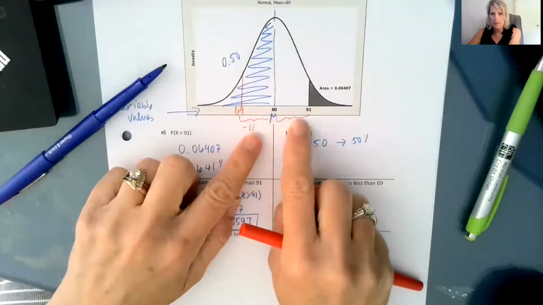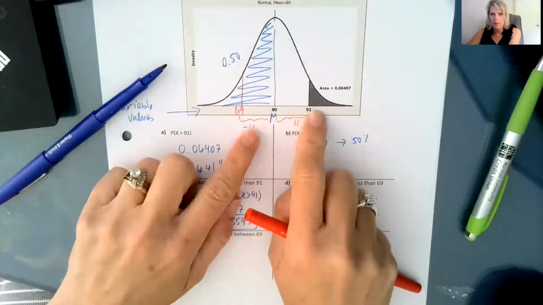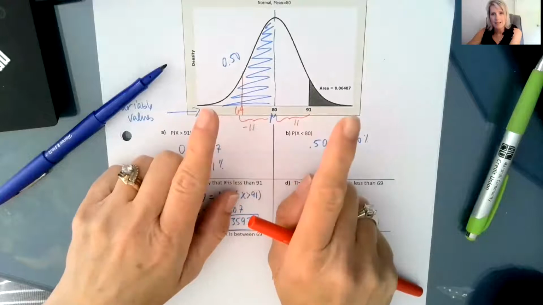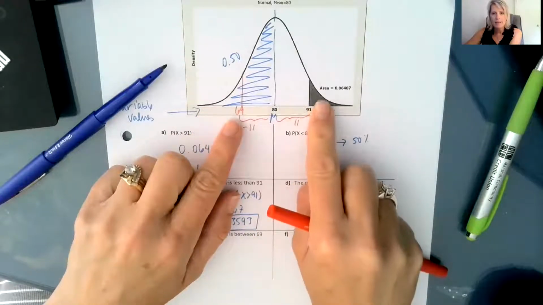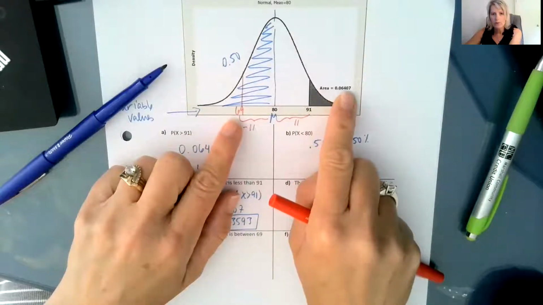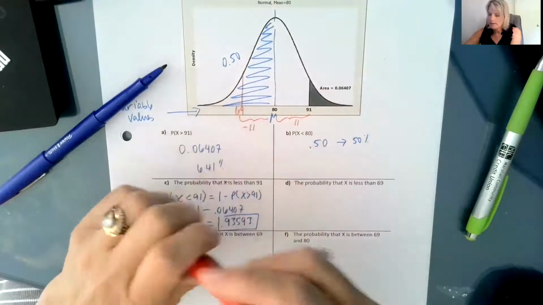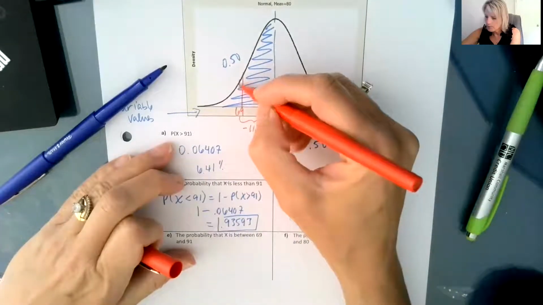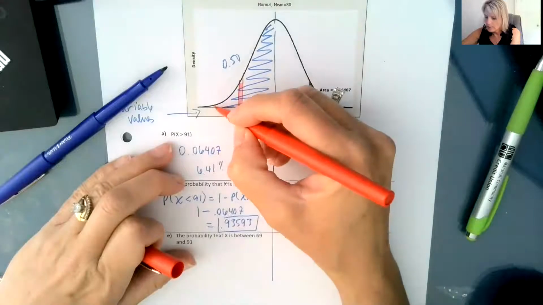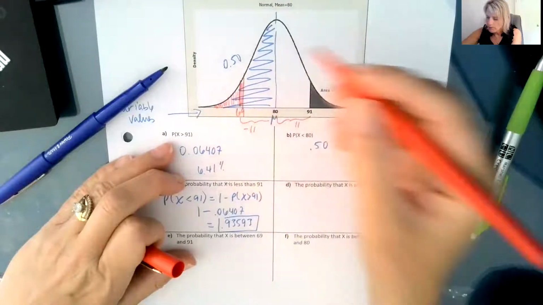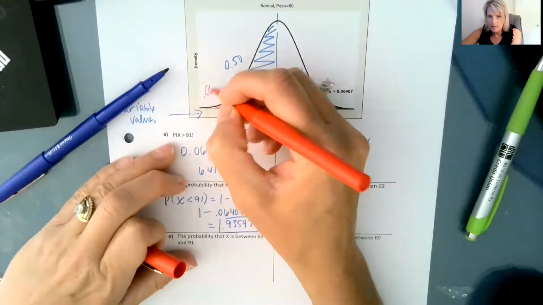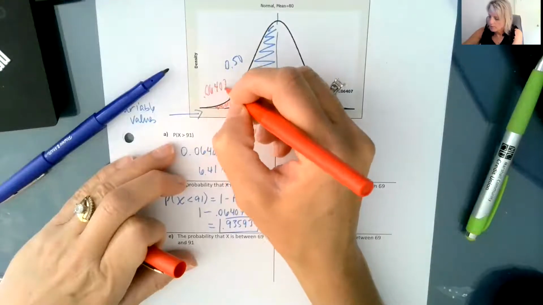So 11 hops to the right gives me this value, so 11 hops to the left should give me the same. So that means beyond 91 is this 0.06407. That means beyond 69, so really it needs right around in here. So beyond 69 should also be 0.06407.